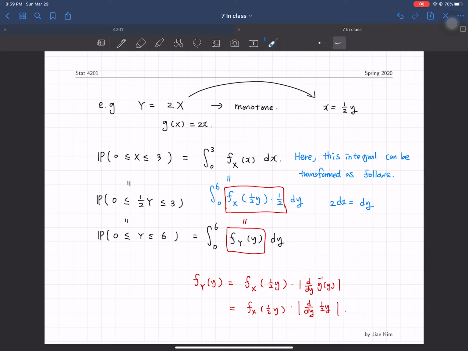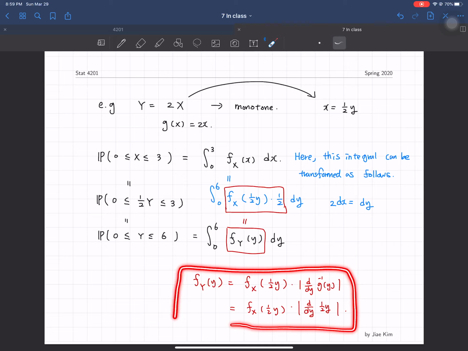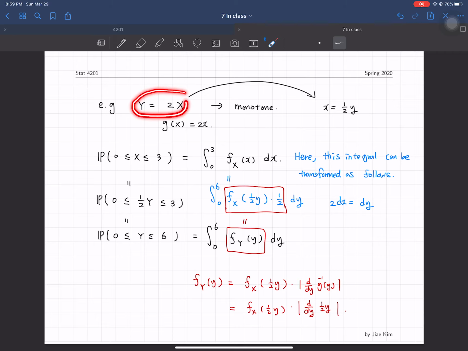That should give you a little bit of intuition on how the theorem is stated. In case we have a nonlinear function g of x, this theorem stays, as long as this function is monotone or one-to-one within the support of x. Okay, so that is the end of this theorem.